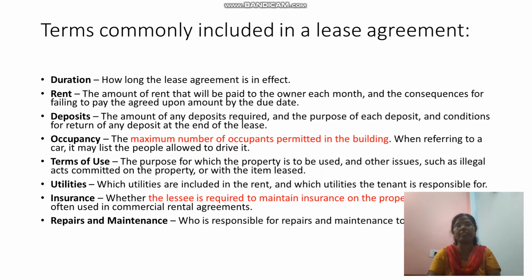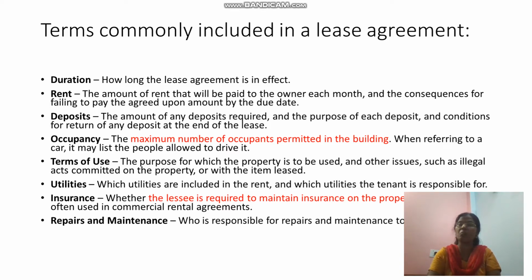Next, utilities: which utilities are included in the rent and which utilities the tenant is responsible for. That must be clearly specified in the lease agreement. Then insurance: who has to make the payment of insurance, who is responsible for maintaining the insurance, and who has to bear the repairs and maintenance, whether lessor or lessee.